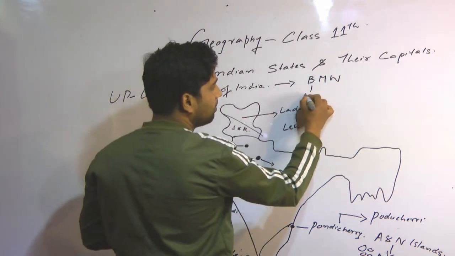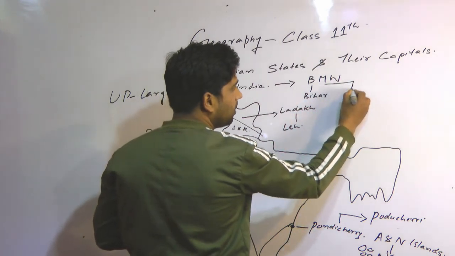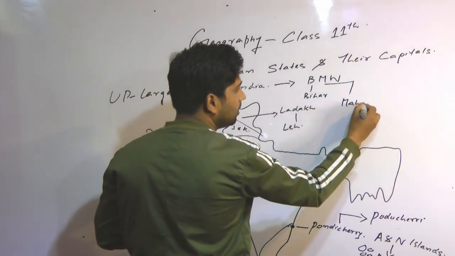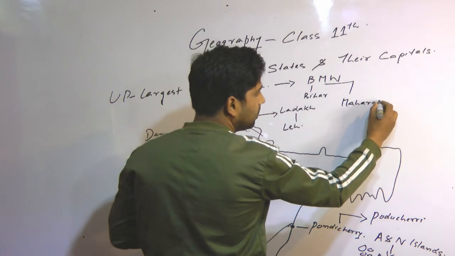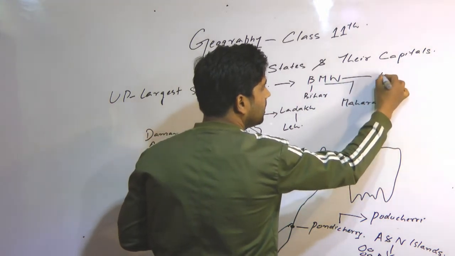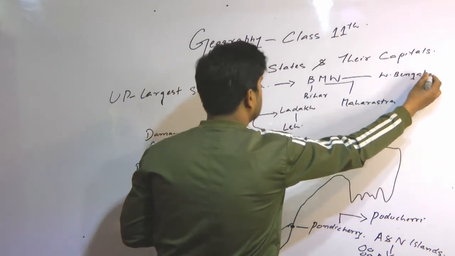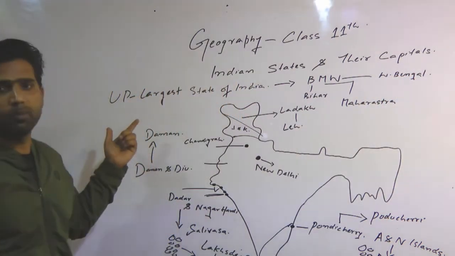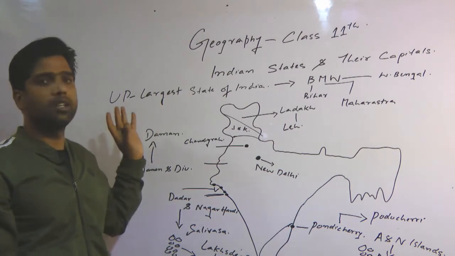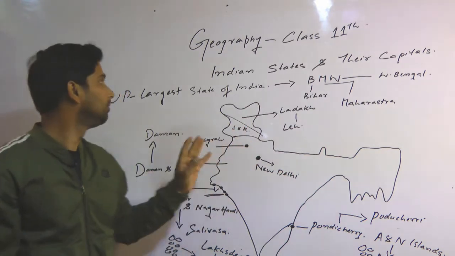B stands for Bihar, M stands for Maharashtra, and W stands for West Bengal. UP is the most populous state of India, then followed by BMW: Bihar, Maharashtra and West Bengal.